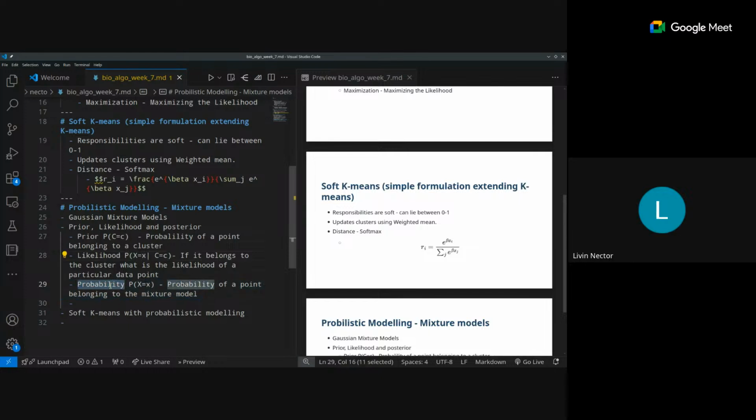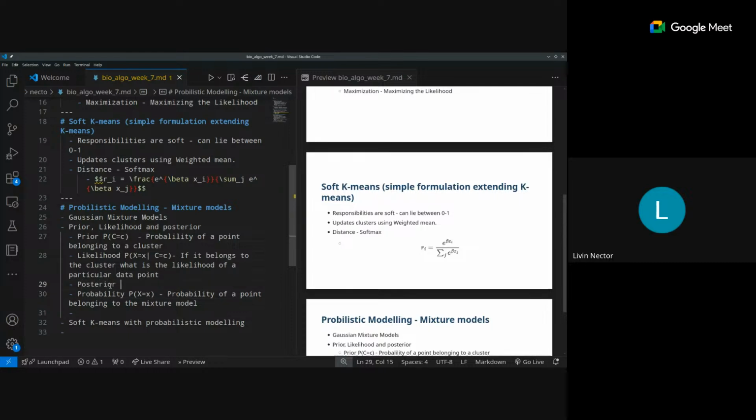In general, the posterior is P of C given x, which means the probability of the particular data point belonging to a cluster.